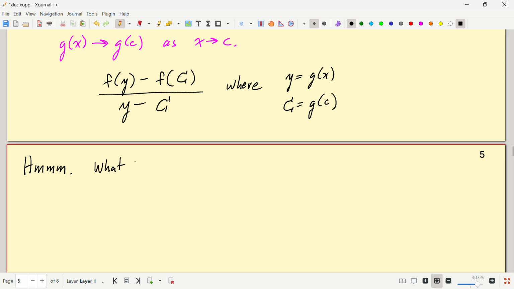What if that stuff in the denominator, g of x minus g of c, equals 0 for x close to c? Now that we've seen more functions, we know the sine 1 over x thing. Think of a function that does that: x squared times sine 1 over x. That goes to 0 pretty fast. It has a whole bunch of zeros as x tends to 0.